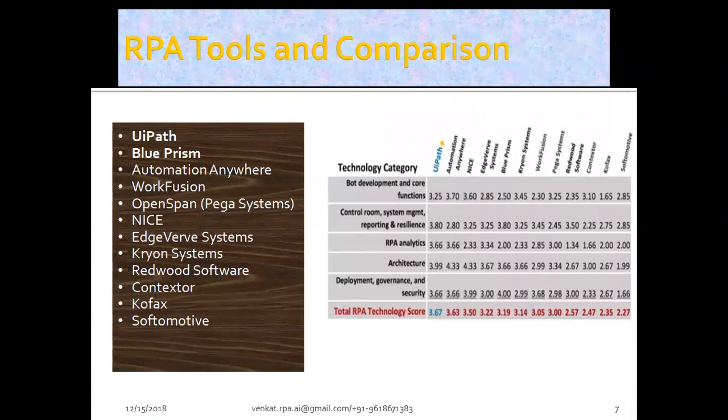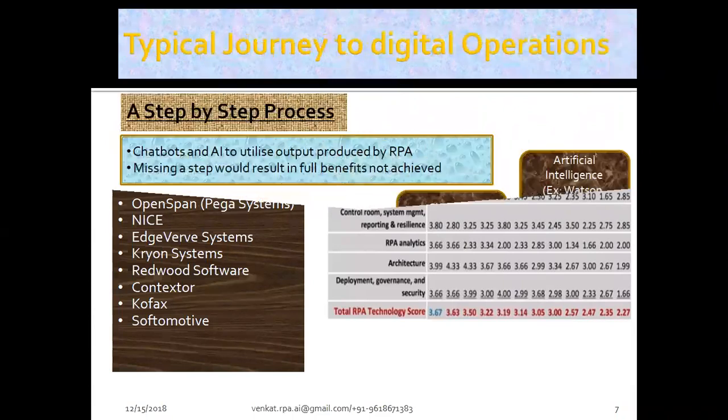If you see many banking areas, when you type and request something, the bot itself is giving a response to you. Those bots are implemented using artificial intelligence and machine learning concepts. So those integrations are also coming into UiPath now. If you compare with other tools, UiPath is the best tool to learn. Okay? The reason why I'm saying this is that in the last 1 year, they implemented so many features in UiPath. 1 year back, everyone was talking about Blue Prism and Automation Anywhere, but now everyone is talking about UiPath. Okay? That is the value of the UiPath tool.